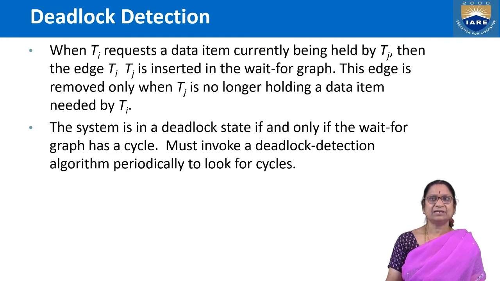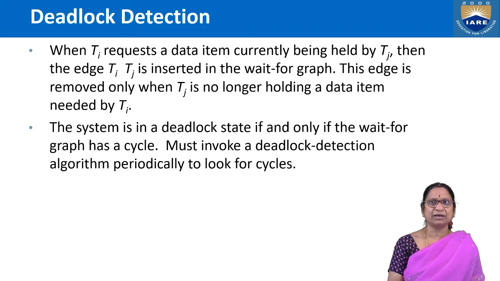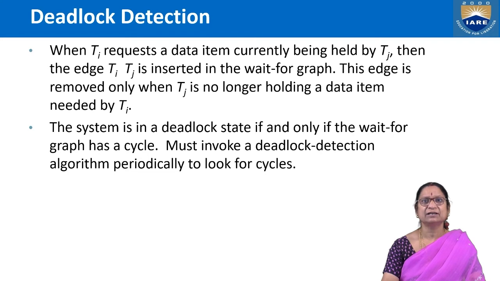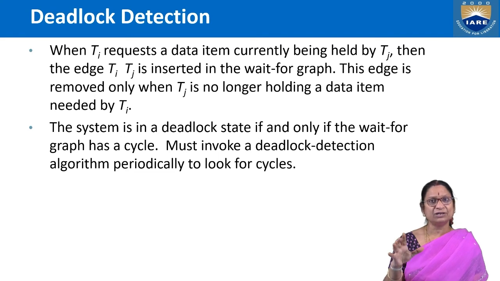When Ti requests a data item currently being held by Tj, then an edge Ti to Tj is inserted in the wait for graph. This edge is removed only when Tj is no longer holding a data item needed by Ti. That means this graph keeps on changing. The edges are added and removed depending upon the waiting and the releasing of data items by other transactions. The number of vertices will be fixed, but the edges are added and deleted depending upon the waiting.